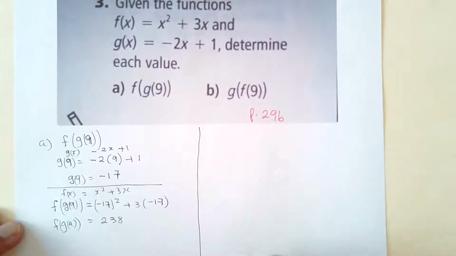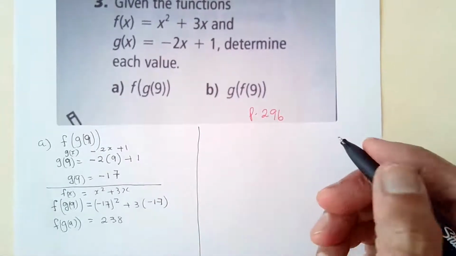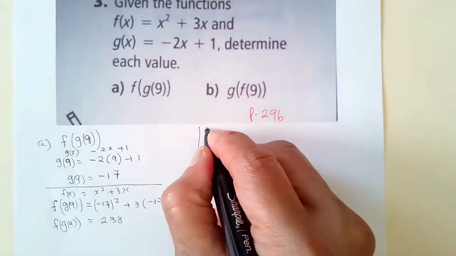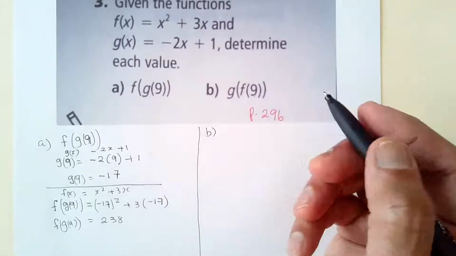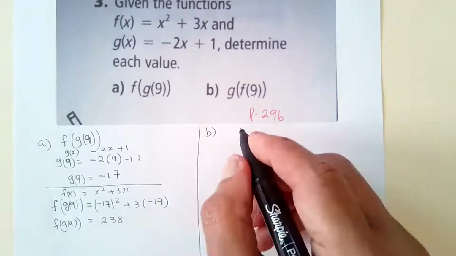Okay, let's look at b. So I'll rewrite what they are. So we have f of 9 now. We'll have to complete f of 9.